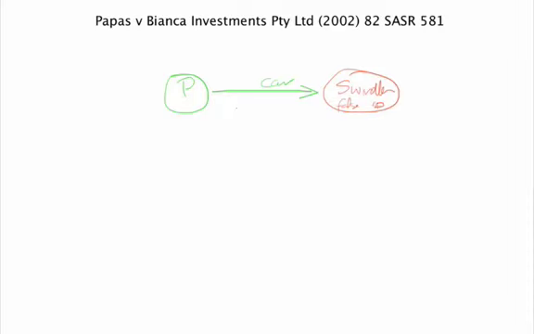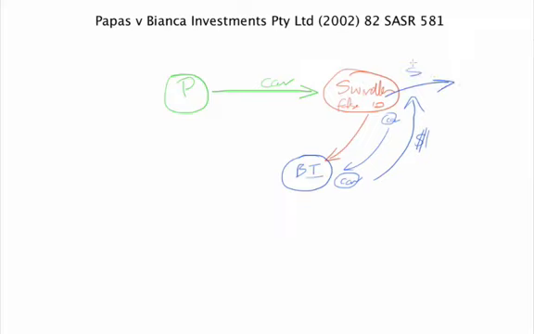This swindler then goes to a third party, and the third party, from the name of the case we can see, is Bianca Investments, and they're a pawnbroker, and so he gives the car to the pawnbroker, and the pawnbroker gives back to the swindler some money, and you can guess it, the swindler's out of there with the money.